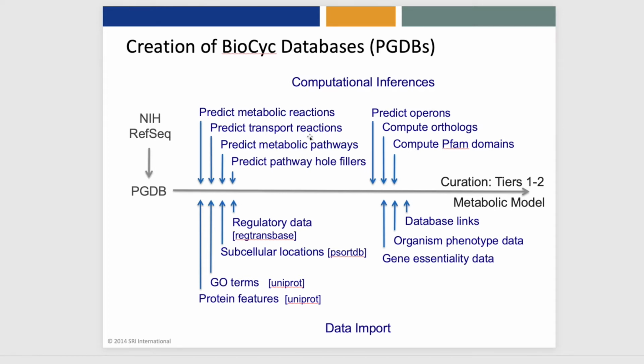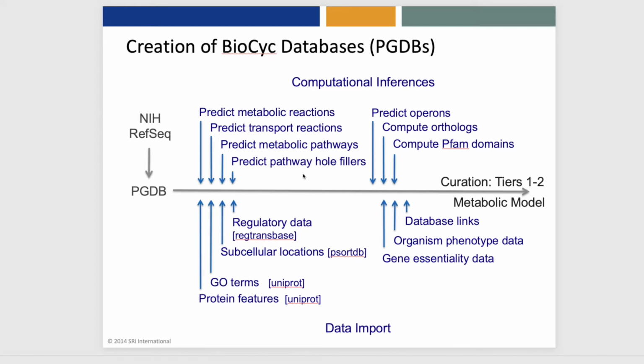They predict metabolic pathways as well as the genes that fill holes in those metabolic pathways. Our algorithms predict operons, compute orthologs, and compute PFAM domains. We then import regulatory data from RegTransBase, subcellular location data from pSortDB, GO terms and protein features from UniProt.